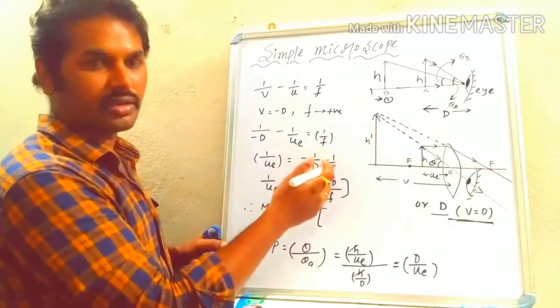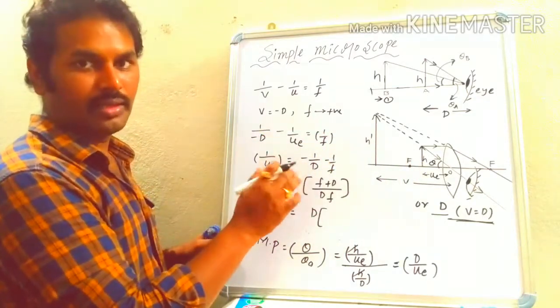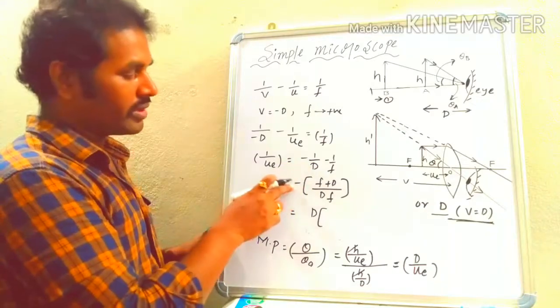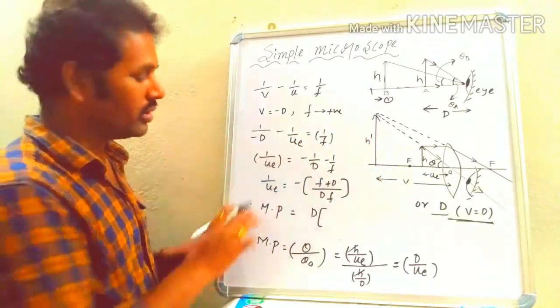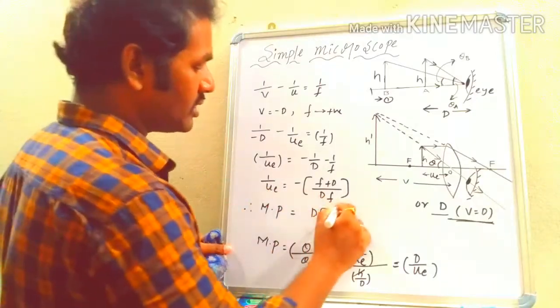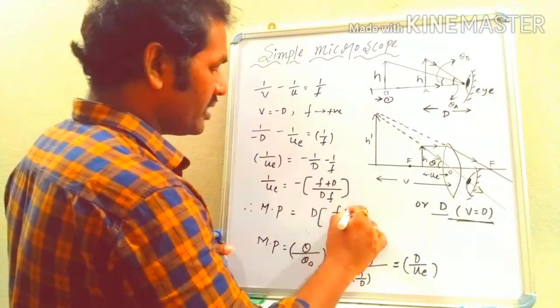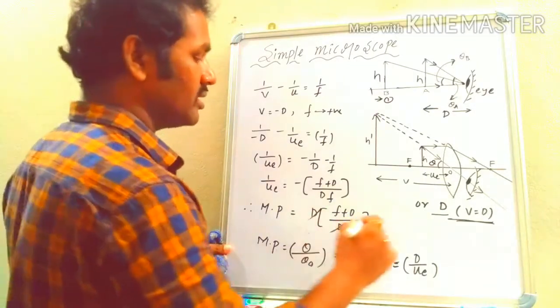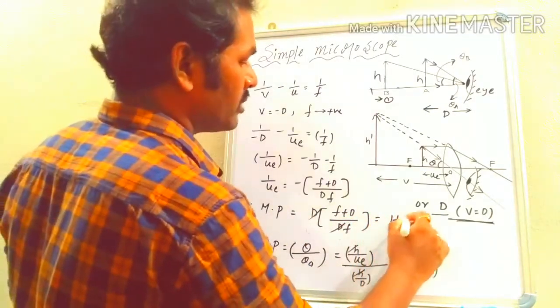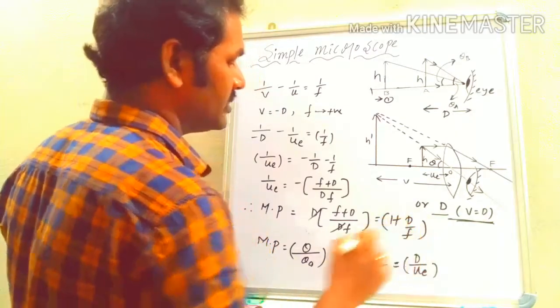We got the negative answer because the object is on the left side, so take only the value. So 1 by ue is equal to f plus d divided by d into f. Here d gets cancelled, which is equal to 1 plus d by f.